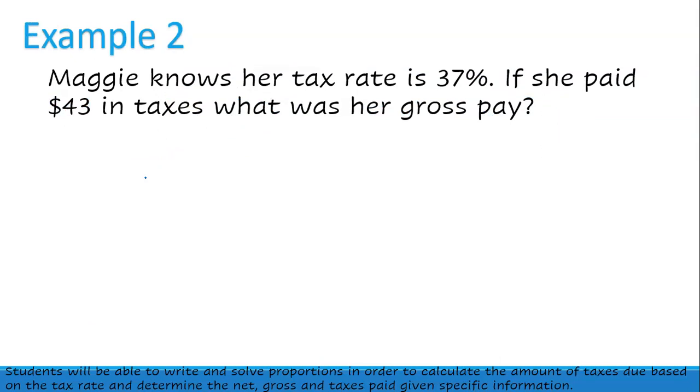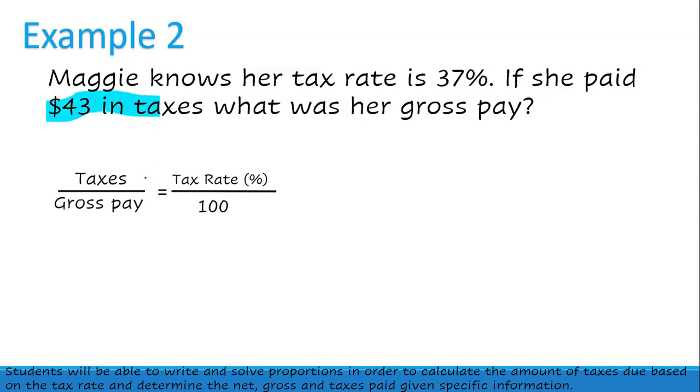Now Maggie knows her tax rate is 37%. If she paid $43 in taxes, what was her gross pay? So we're still going to set up the same proportion. Do we know what our taxes were? Yeah, our taxes were $43. Do we know what her gross pay was?